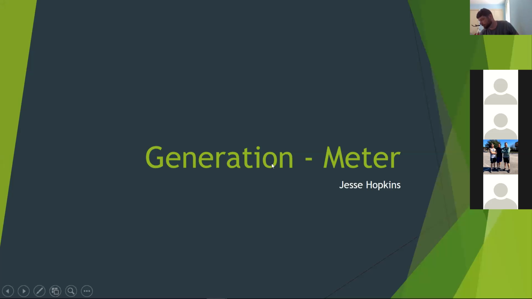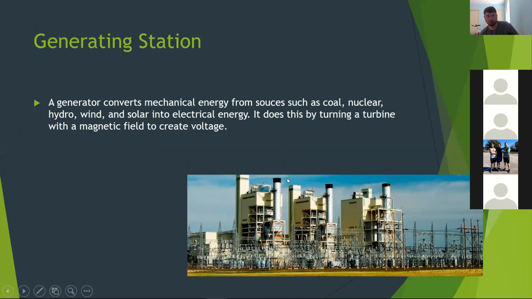All right, here we go, Jesse. All yours. All right, this is my generation to meter presentation. Obviously by me, Jesse Hopkins. Here we have the generating station where you'll use mechanical energy such as coal, nuclear, hydro, wind, solar, and a few others.